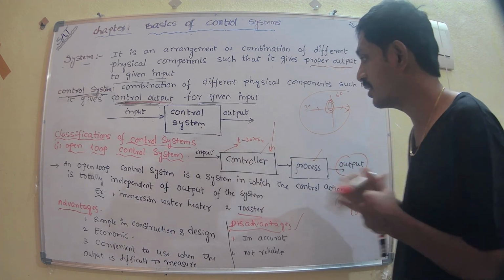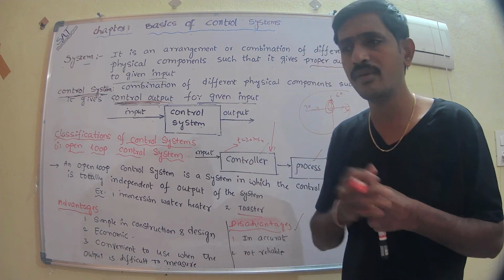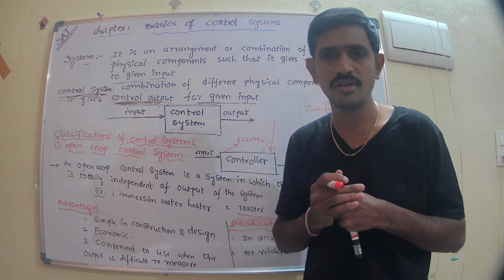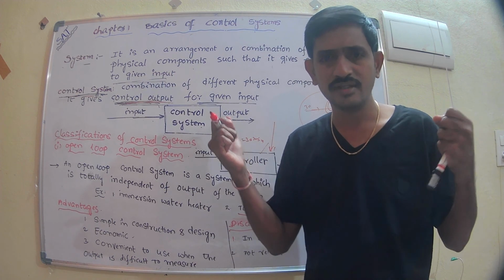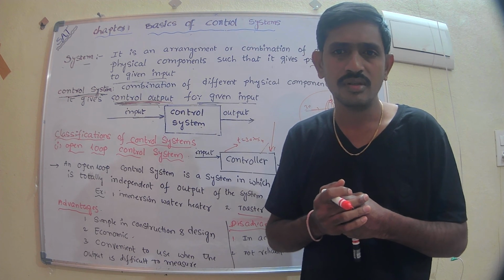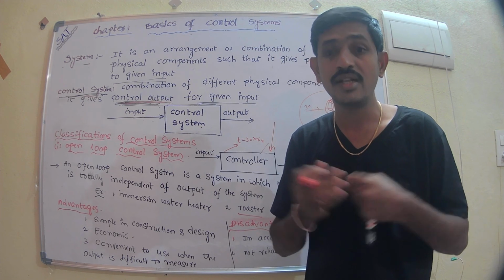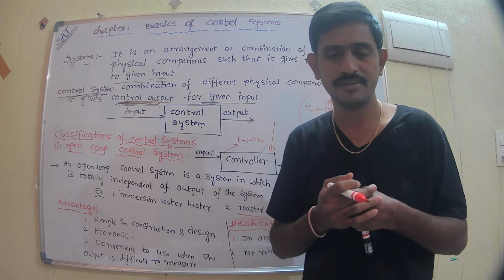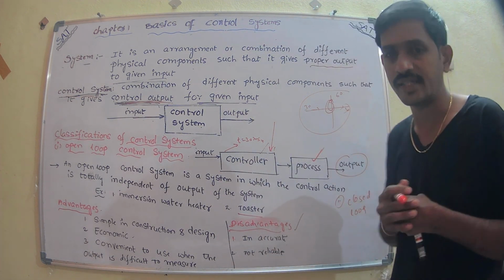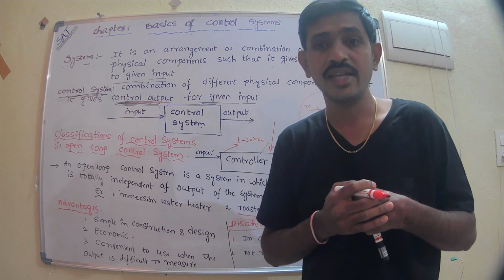So we are not eliminating the external errors. For example, if you ride a bike on the road and unfortunately there is an accident, someone comes and hits your bike, then you slip on the road. The accident is an external disturbance. That is a disadvantage. So we are not getting the accurate output.